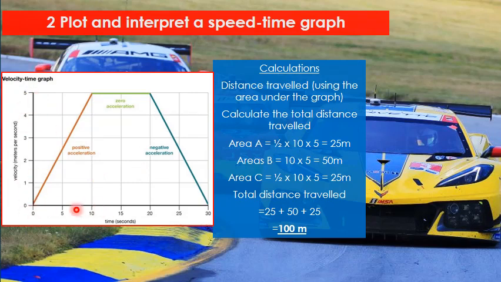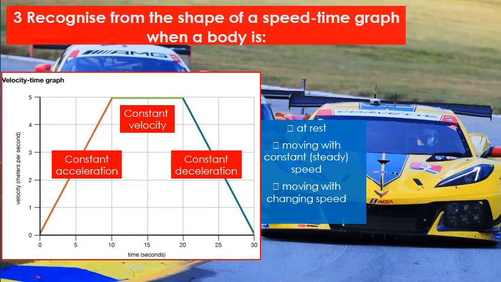Half times 10 times 5 gives 25. For the middle part, it's length times width: 10 times 5, which is 50. The last one is equal to the first, half of 10 times the height 5, so you also get 25. You add 25 plus 50 plus 25, you get 100 meters. That's the total distance traveled.